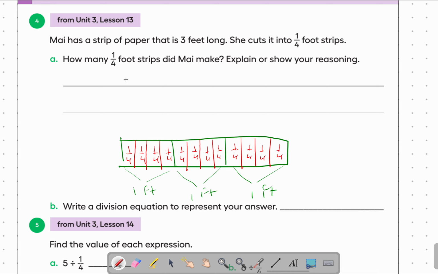Okay, so how many 1/4 foot strips did Mai make? Well, we can see it in our diagram. Let me see. 1, 2, 3, 4, 5, 6, 7, 8, 9, 10, 11, 12.